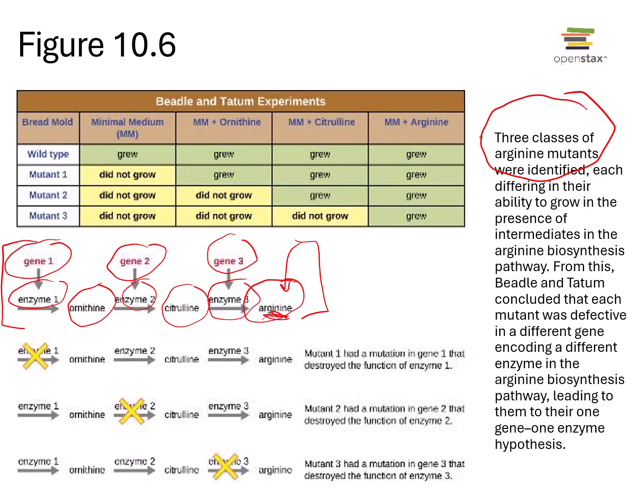In the table, what they found was that wild type samples, this is normal mold, grow on minimal medium because they can make their own arginine. The first mutant, however, cannot grow on minimal media, but does grow anytime any of these 3 are supplied: ornithine, citrulline, or arginine.